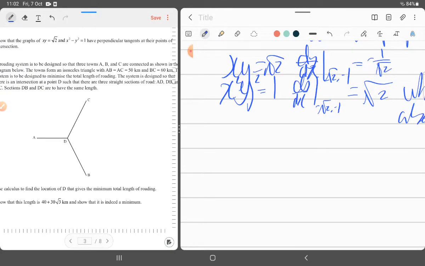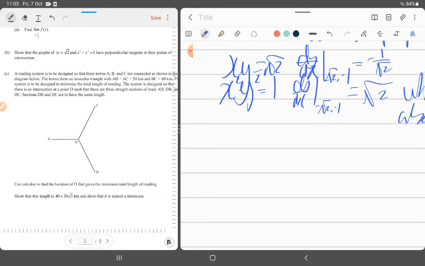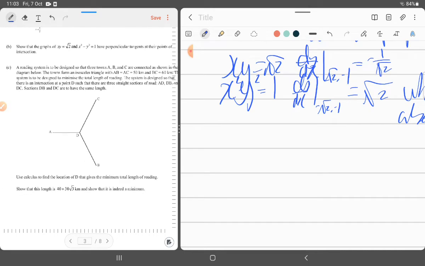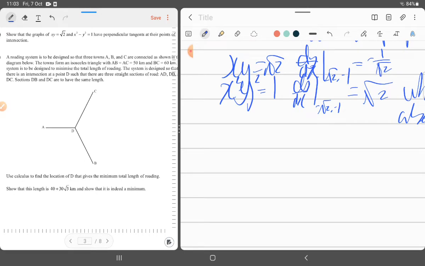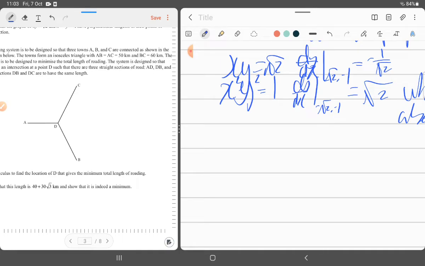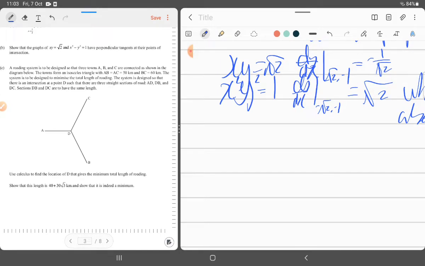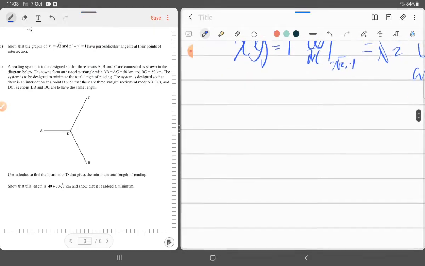A loading system is to be designed so that 3 towns A, B, and C are connected. As shown in the diagram below, the towns form an isosceles triangle, AB equals AC equals 50 kilometers, and BC equals 60 kilometers. The system is to be designed to minimize the total length of loading.